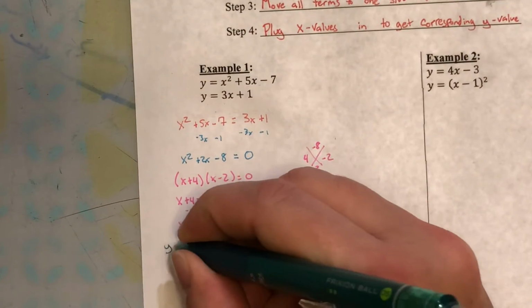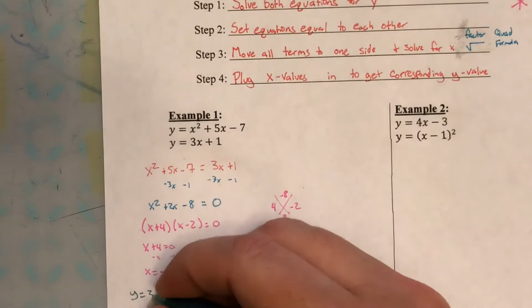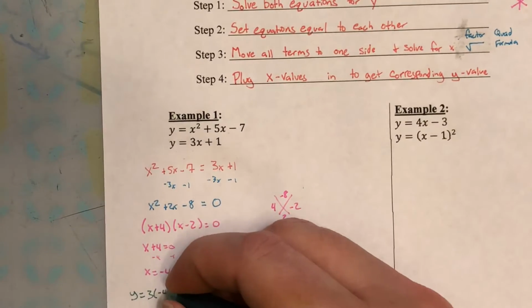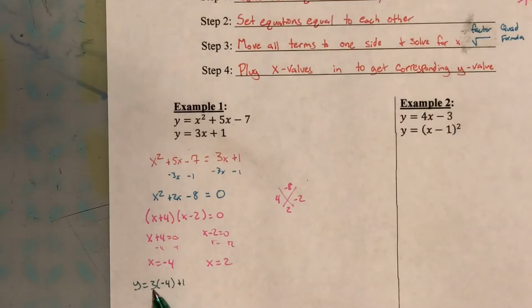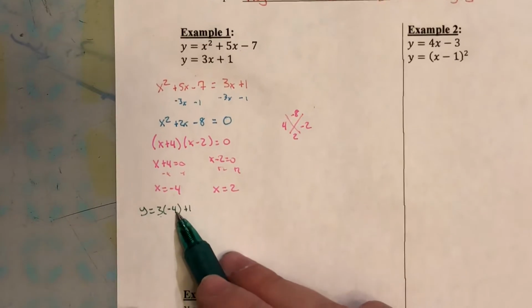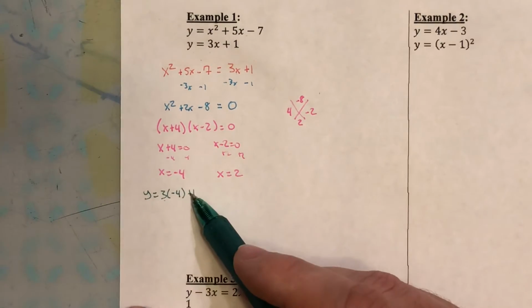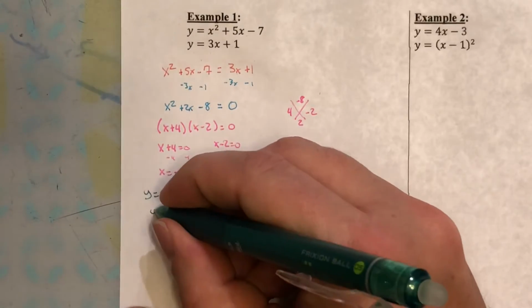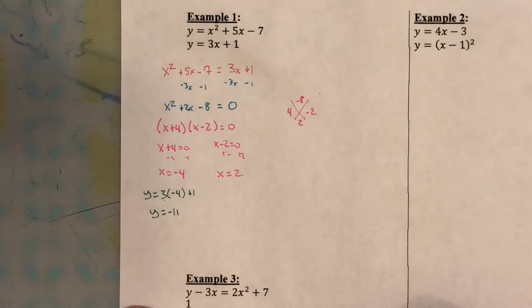So I've got y equals 3x plus 1, so 3 times -4 plus 1. 3 times -4 is -12. -12 plus 1, y of negative 11.